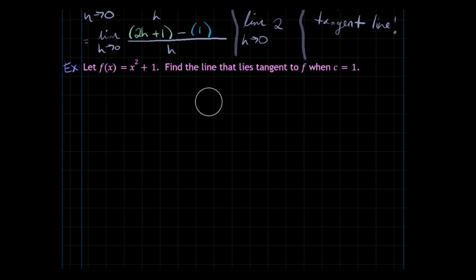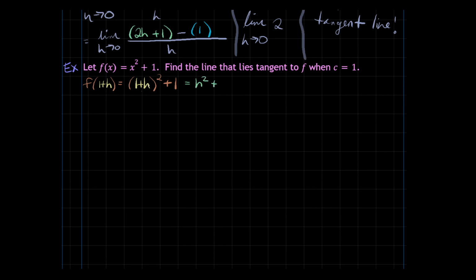We have a function x squared plus 1, and our c is going to be 1 this time. F of something is something squared plus 1. F of c plus h is going to be 1 plus h, all squared, plus 1. Foiling this out, I'm going to have an h squared.